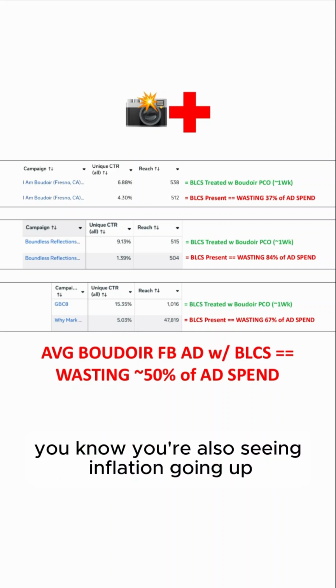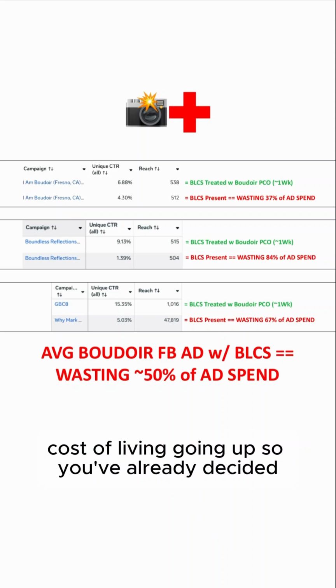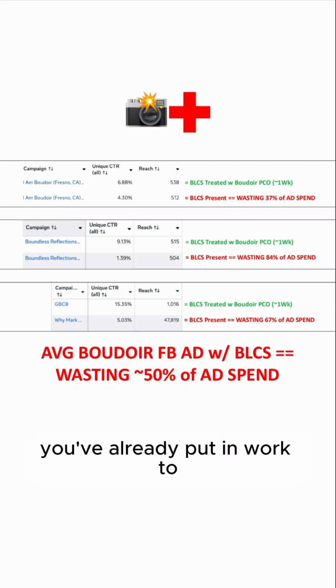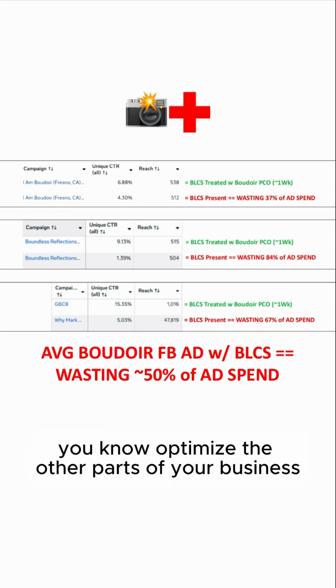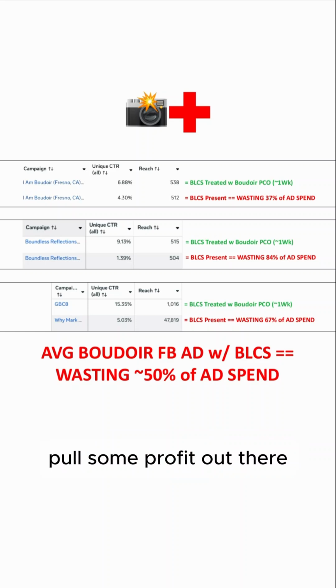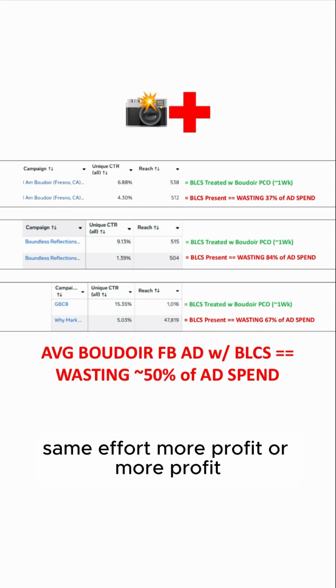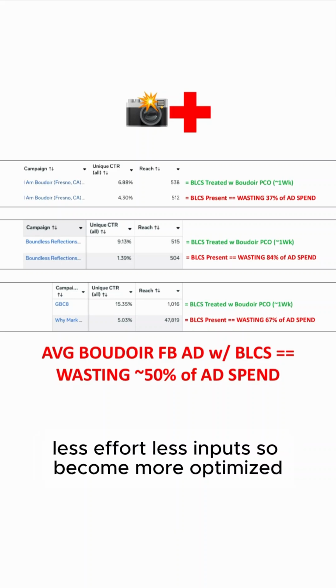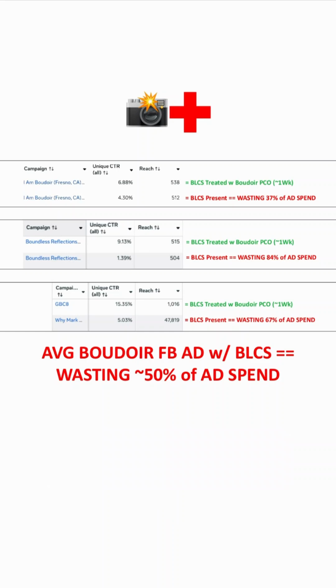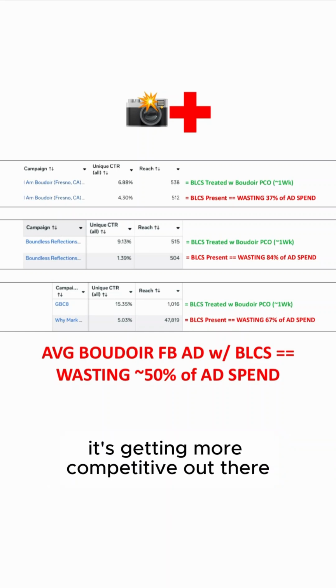and you're also seeing inflation going up, cost of living going up. So you've already decided, you've already put in work to optimize the other parts of your business, pull some profit out there, kind of same effort, more profit, or more profit, less effort, less inputs. So becoming more optimized because you're seeing it's getting more competitive out there.